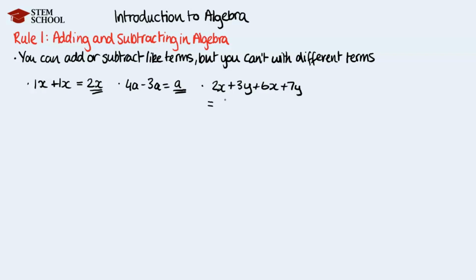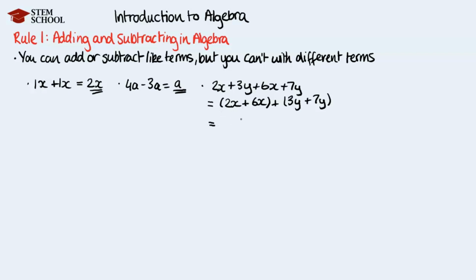You don't have to do this, but to make it easier to understand, we can separate the x's into a bracket, 2x plus 6x, and then the two y terms, plus 3y plus 7y, and deal with each bracket individually. As you progress, you don't have to write this line and separate it into brackets. It's just when you're starting off, it's easier to understand what is going on.